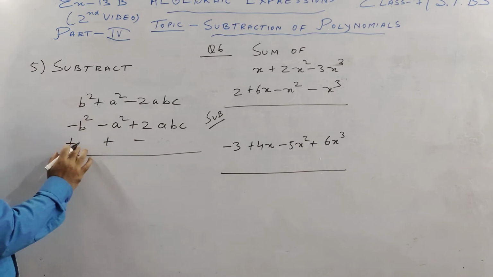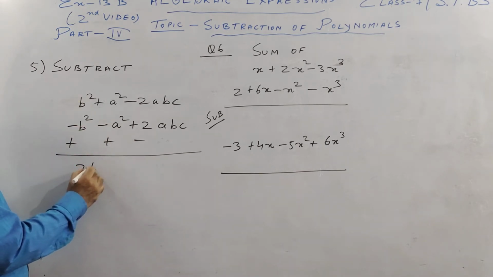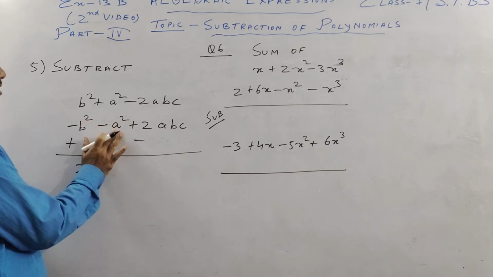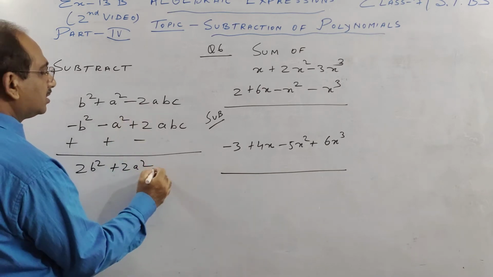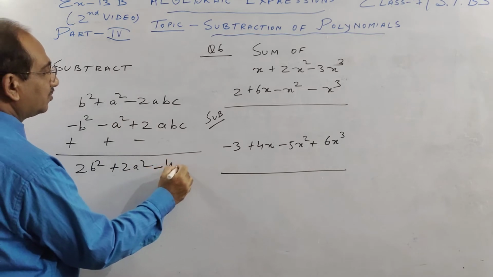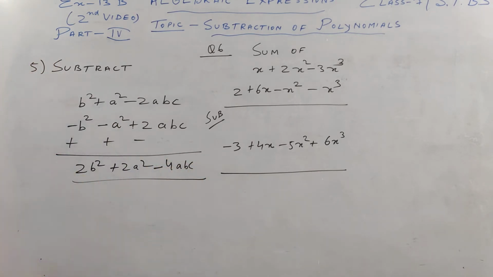Then we simply add. Forget this minus. b square plus b square is 2b square. Plus a square is 2a square. Minus minus is minus. Forget plus. Minus 2 minus 2 is minus 4abc. So this is our answer.